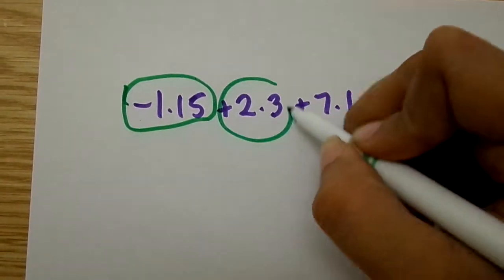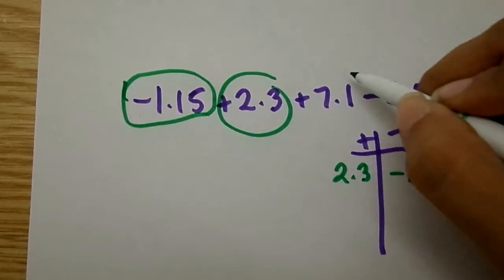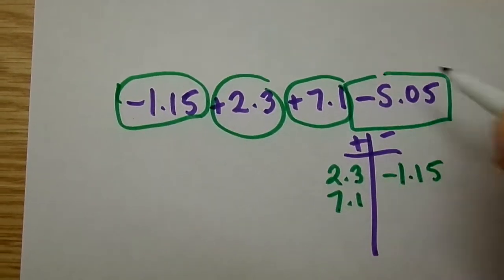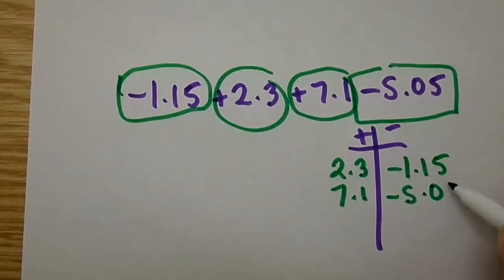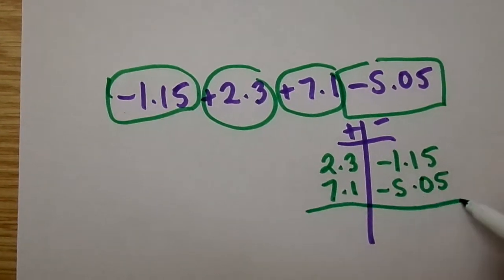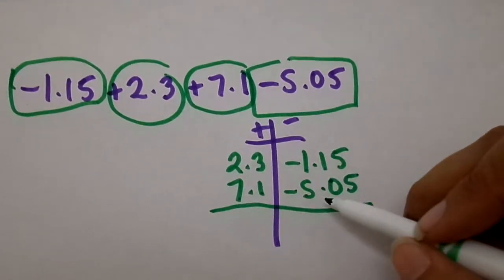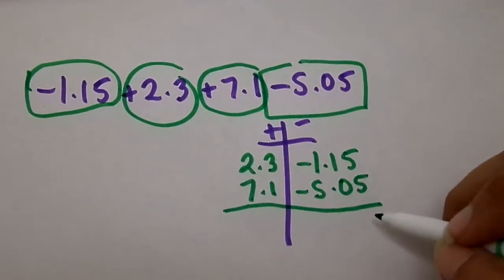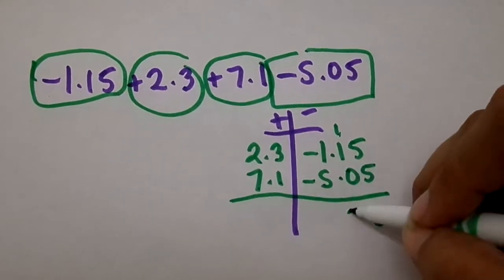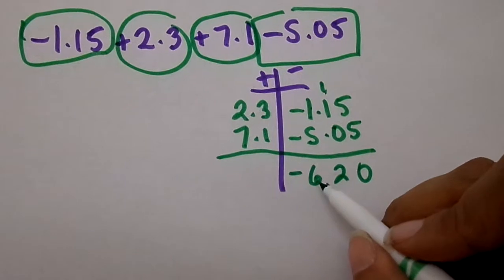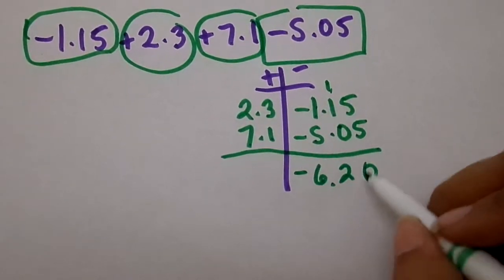I have a positive 2 3/10, positive 7 1/10, and a negative 5 5/100. So my decimals are lined up. I'm going to combine. I'm going to add together all my negatives to see how many negatives I have. 5 plus 5 is 10. 1 plus 1 is 2. 5 plus 1 is 6. So I have 6 20/100 all negative.